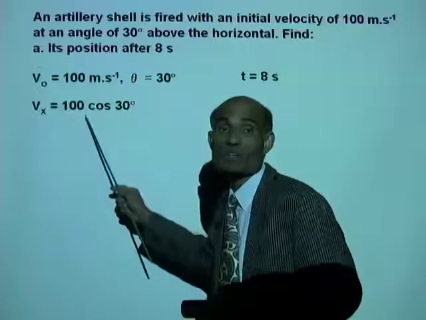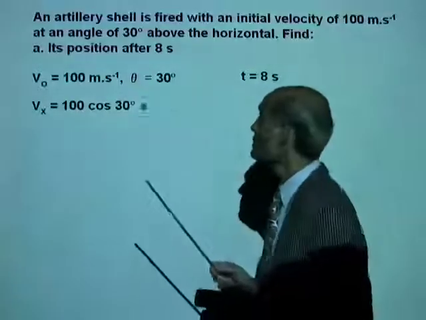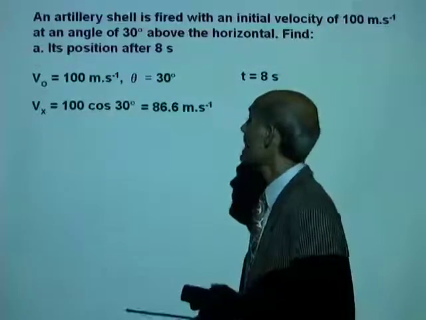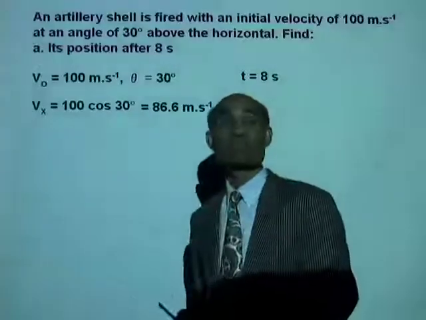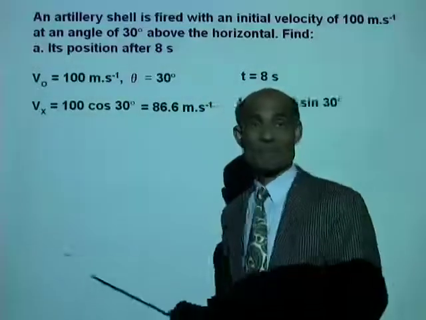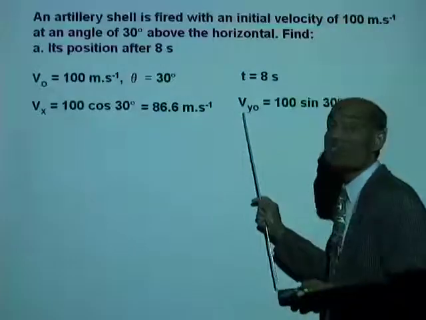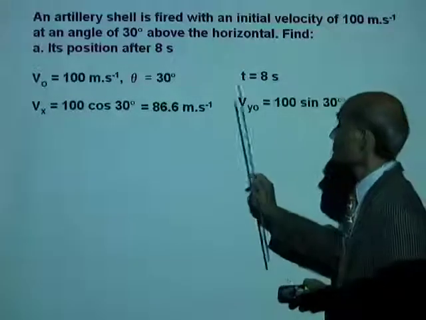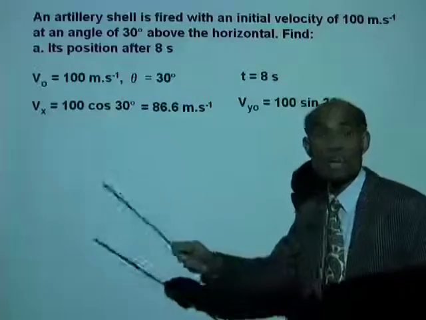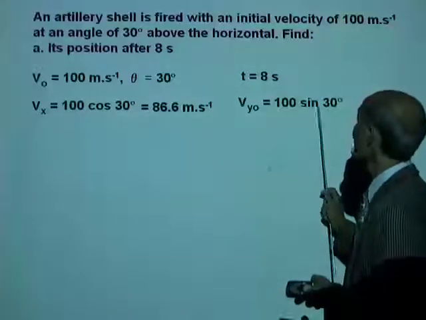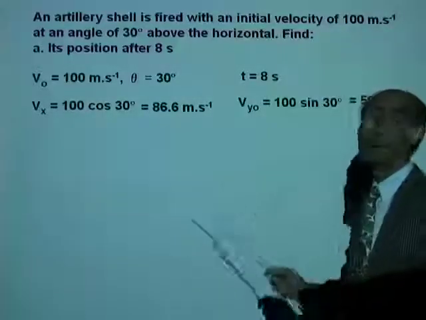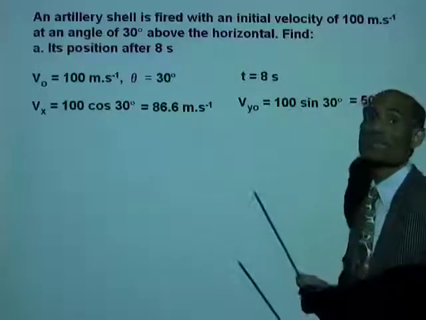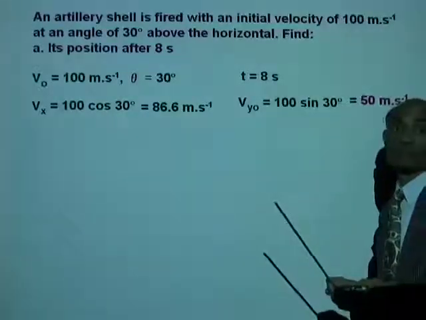Vx equal to 100 cos 30 degrees, which is 86.6 meters per second. Vy0, initial vertical velocity, is V0 sin theta, 100 sin 30 degrees, and that is 50 meters per second.